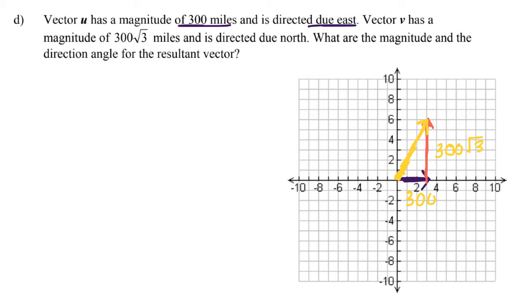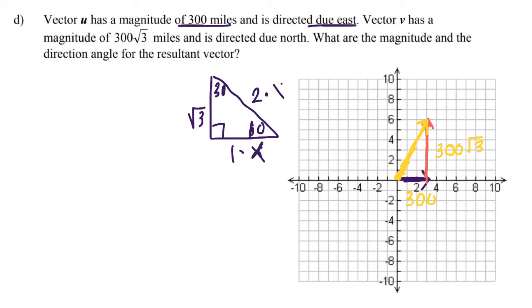And we need to find that other side. Again, if we remember our special right triangles, we could put our 30 up here, and we put our 60 here, and we had 1, 2, root 3, and make it a formula, so multiply all of it by the same amount. So we're going to throw in an x.